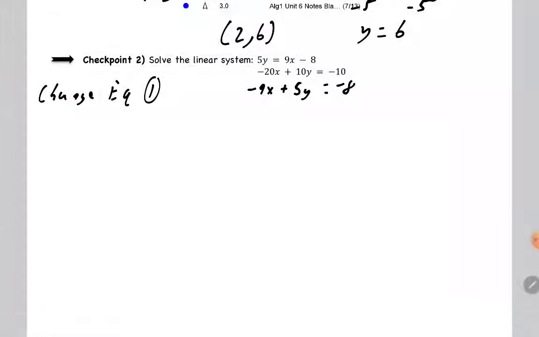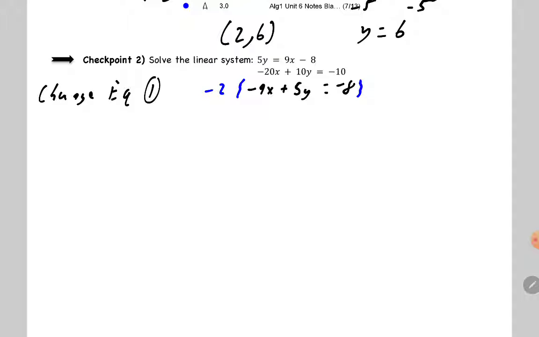I want to get rid of y, and the lowest common multiple between 10 and 5 is 10. So I don't need to multiply the top by anything, but I will multiply the blue equation by negative 2.